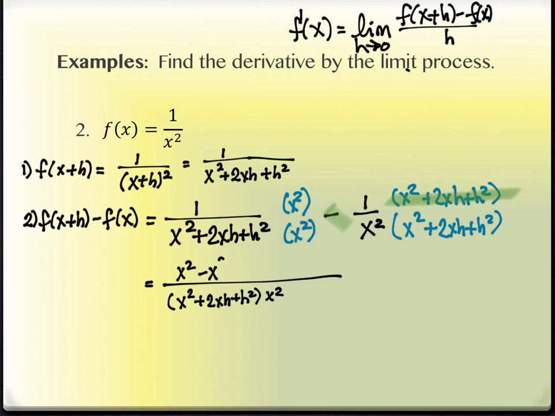So this is negative x squared minus 2xh minus h squared. And there is something that reduces at this point, right? Yeah, the x squareds. So you may not feel like you've made a whole lot of progress, but there is a bit of cancellation that happened to yield where we are now.